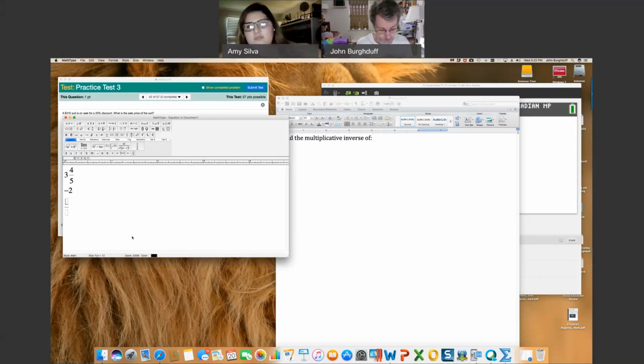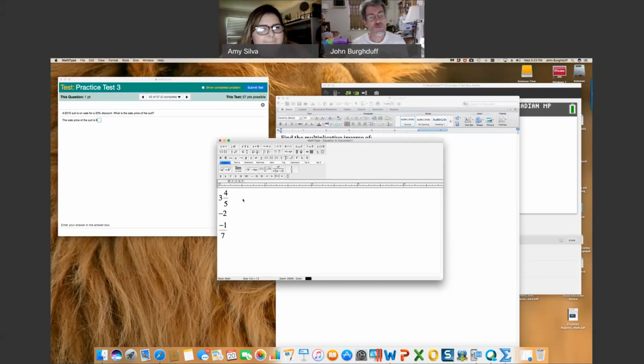All right. So multiplicative inverse is really just a fancy word for reciprocal. That's all that means. But to work with this mixed number, can you see the 3 and 4/5 okay? Yeah, I can see it. Great. To find its inverse, what you're really going to have to do first is convert it into an improper fraction.